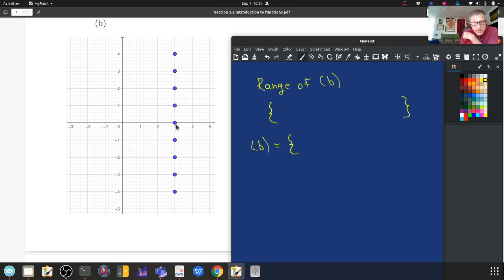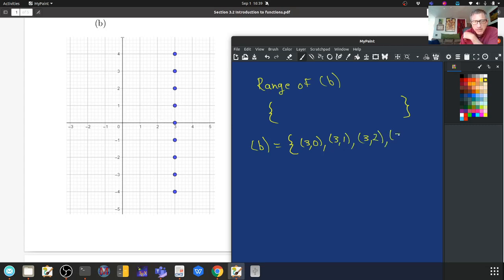So we'll start right here at 3. The coordinates of this ordered pair: the x value is 3 and the y value is 0. This next point here, the x value is 3, the y value is 1. The x value on this point is 3 and the y value is 2. I think you see what's going on now.